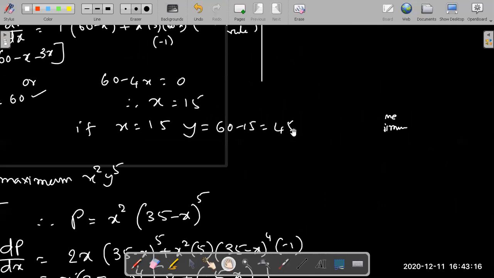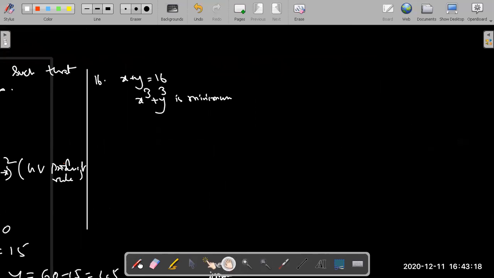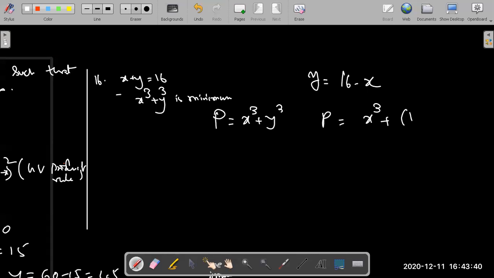16th question, written here, x plus y is equal to 16 and x cube plus y cube is to be minimum. This is 16th question. So y is equal to 16 minus x. Substitute again, let's say p is equal to x cube plus y cube. Substitute that p is equal to x cube plus 16 minus x whole cube.